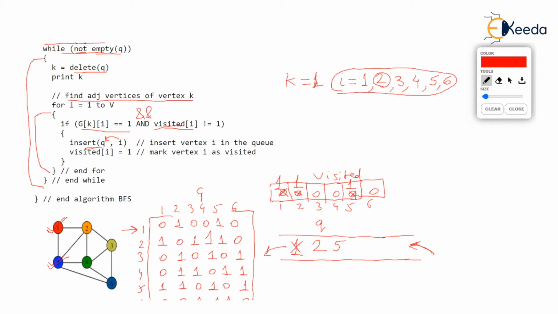Note that we were hanging in this for loop going through all columns 1 to 6 in row 1. We have now finished with the for loop, isn't it? So obviously we will be back in the while. Check the cursor place. That means we will go back to the while and inquire, can we repeat? Remember, we can repeat only if the queue is not empty. And you observe the cursor placed here on the queue.